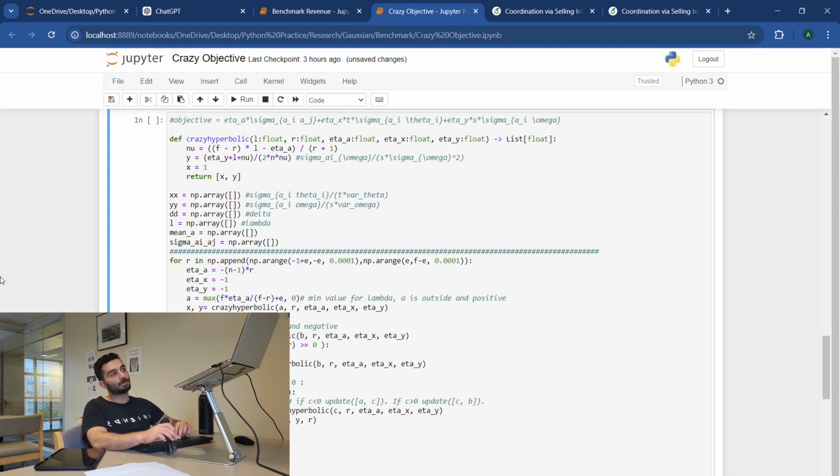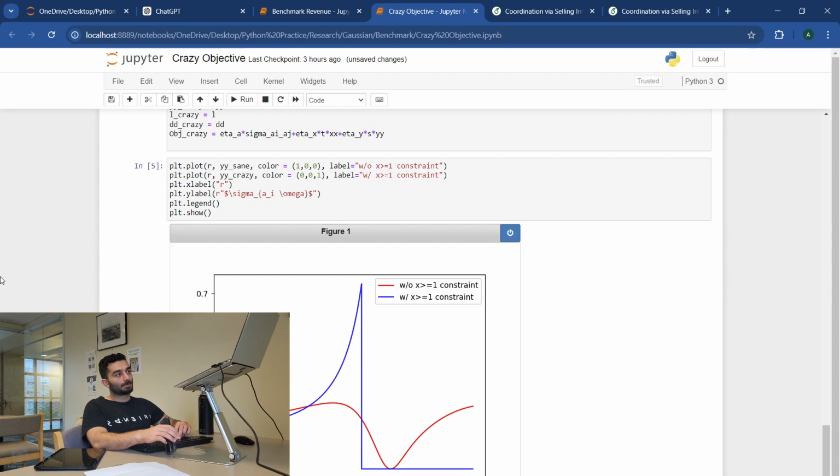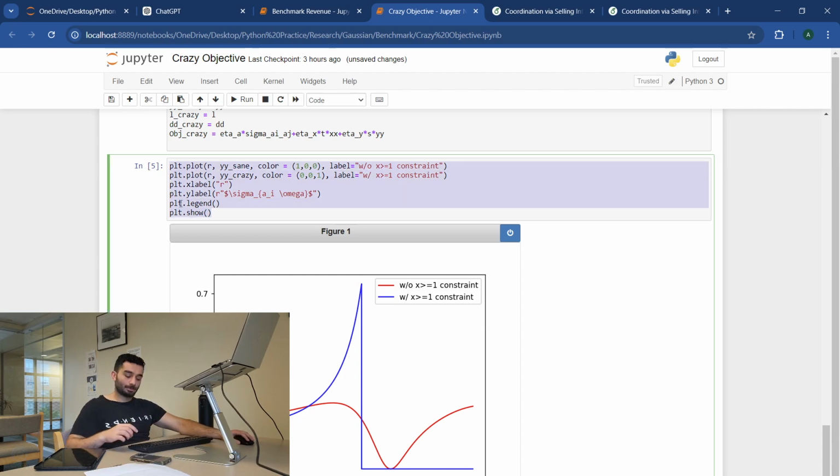But in general, I have to also fix that part. Drastic change, right?